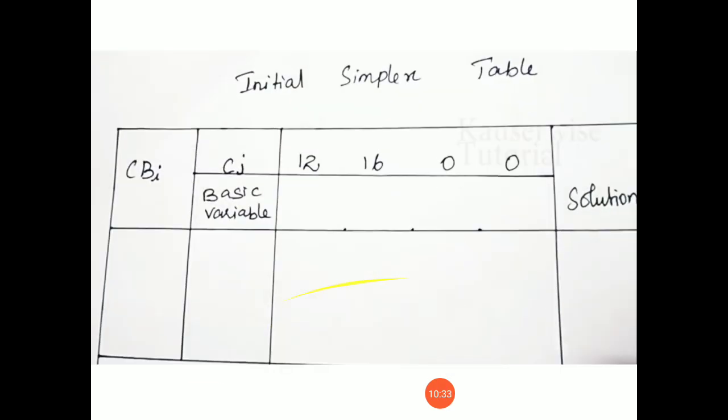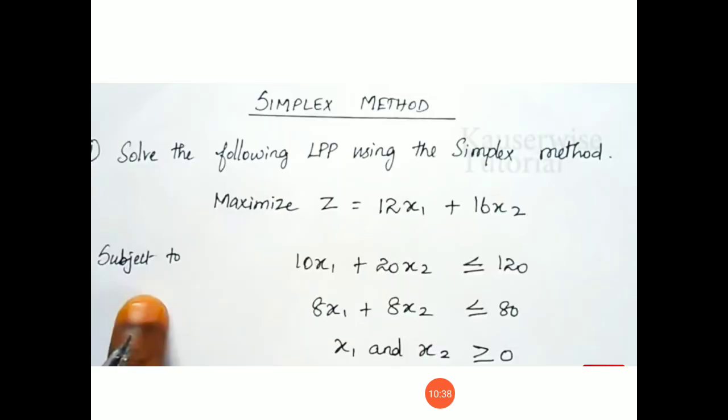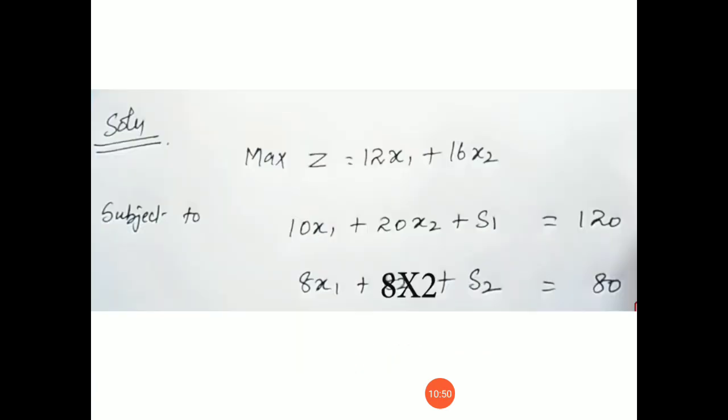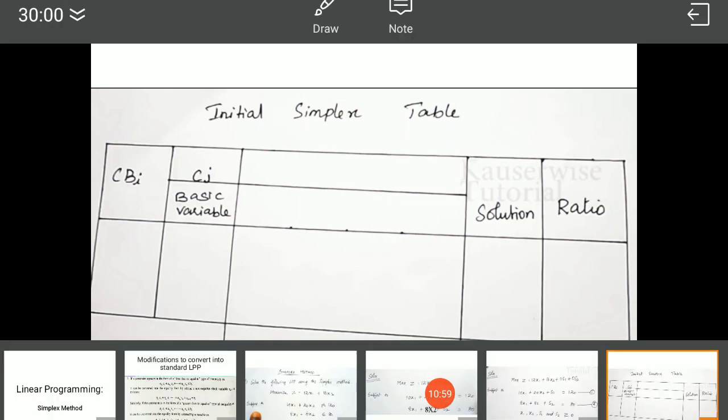Again, I am repeating the steps that I have done in the simplex method. First, I converted the inequality constraint equations into equation form by adding slack variables. The next step was to introduce those slack variables in the objective function. Then I framed this initial simplex table. Next I filled the coefficients of the objective function in the Cj row.